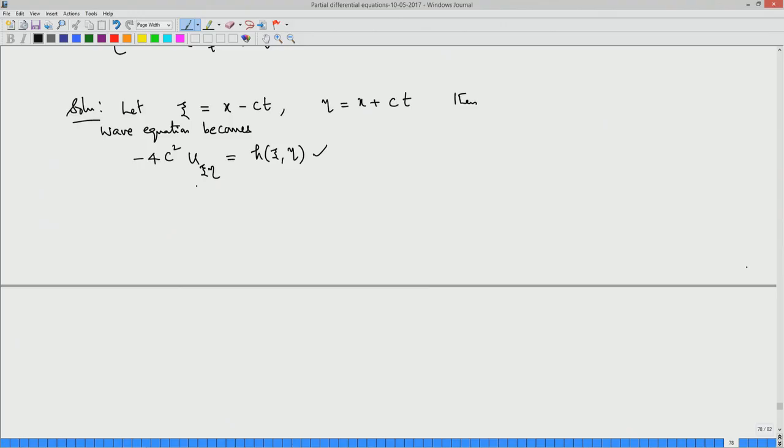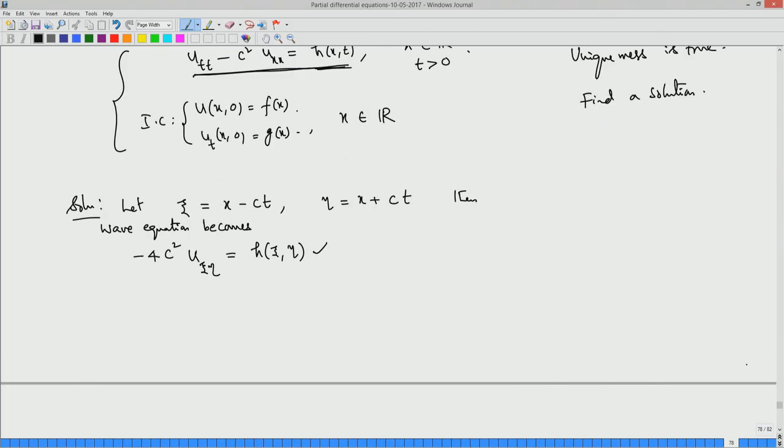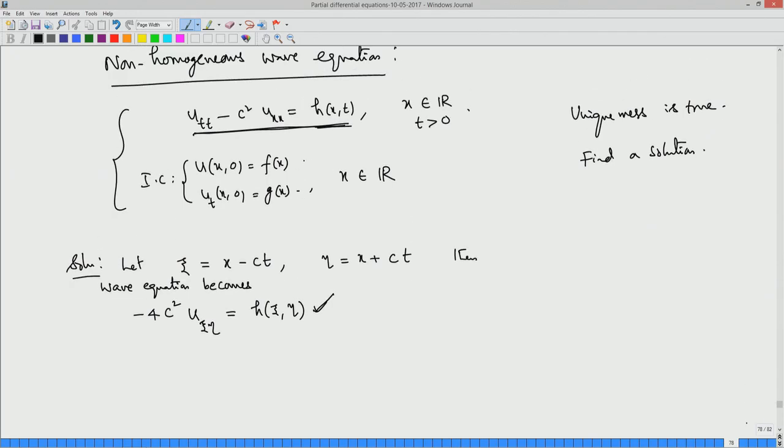So what is your initial data? The initial data is u at x, 0 equal to f of x. So this is your equation, but you want zero initial conditions. If you want that, you have to break the actual problem into two problems.